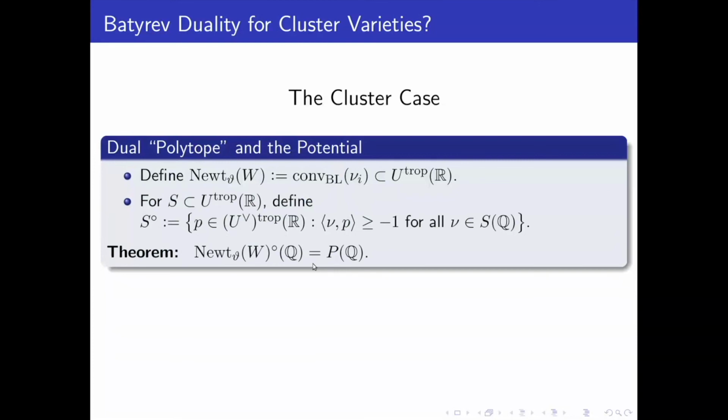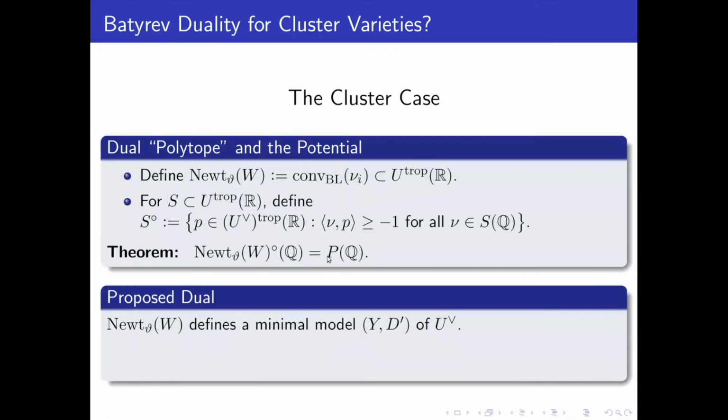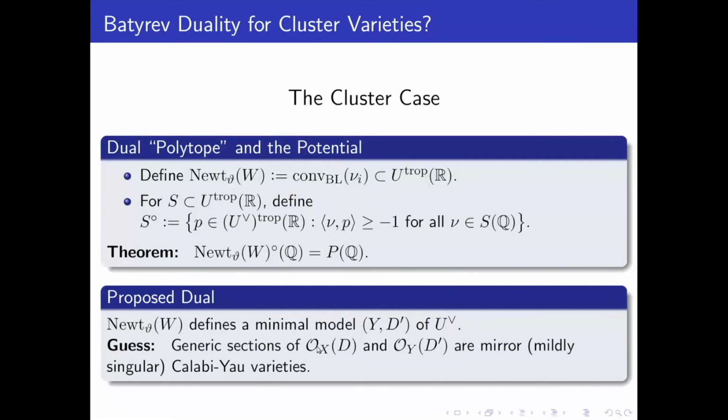And theorem, at least up to rational points, the dual of Newt_theta of W is the same as our original anti-canonical polytope. And our proposed Batyrev dual in the cluster case is exactly what you would expect. We know that Newt_theta of W defines a minimal model (Y, D prime) of our mirror. And our guess is that generic sections of O_X of D and O_Y of D prime are mirror mildly singular Calabi-Yau varieties.